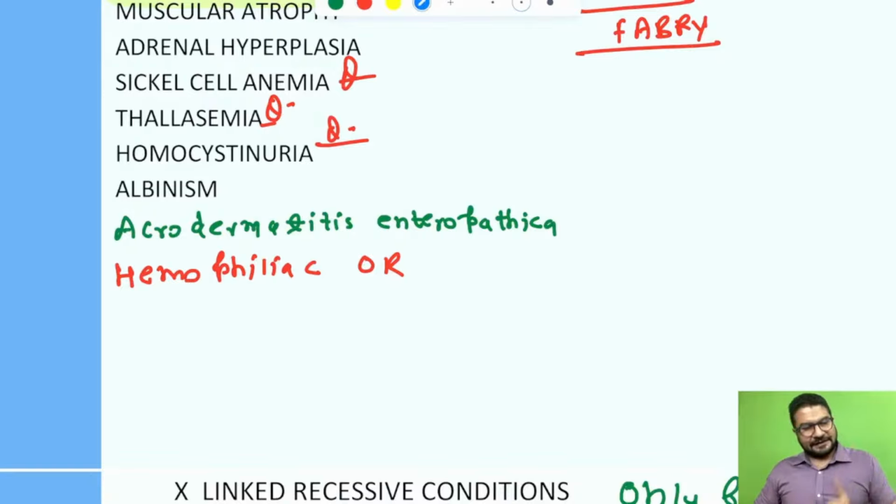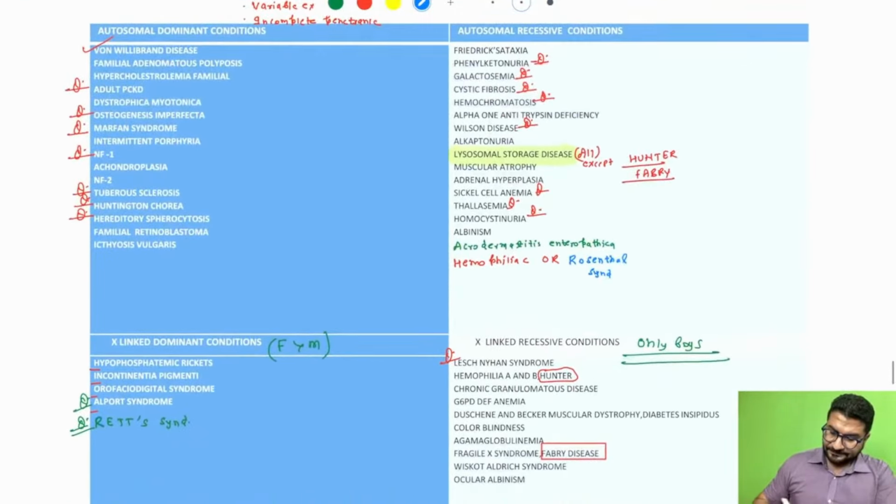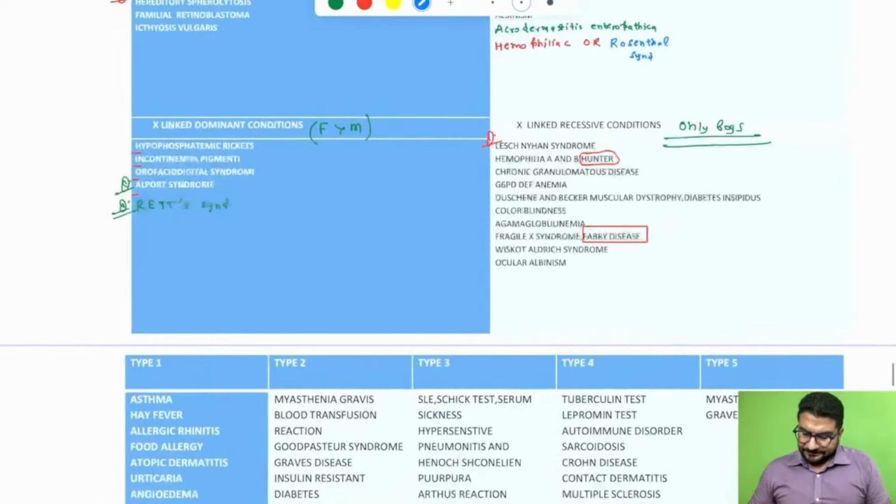Hemophilia A is called classical hemophilia, B is called Christmas disease, what is C called? Come on. C is called Rosenthal syndrome. So look carefully. This is one short question which they ask in the exam. Very, very important, this table.